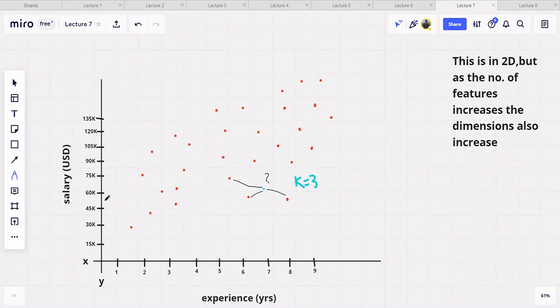But if we choose multiple variables, then we cannot do this kind of visualization. So just to keep things very simple, I've chosen only 2 variables, that is salary and experience. Since we have 2 variables, we can easily visualize this on a 2D Cartesian coordinate system.